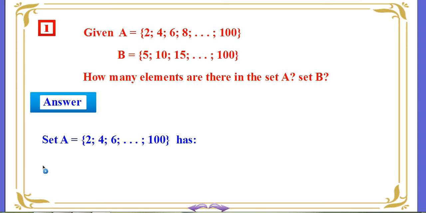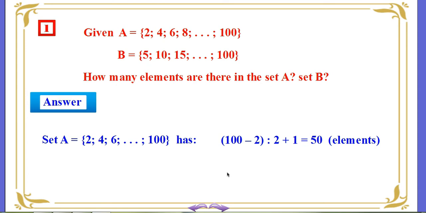The maximum number is 100 minus the smallest number 2, and dividing by the distance between them, which is 2, and plus 1 gives us the result that set A has 50 elements. Similarly, set B has elements 5 units apart.